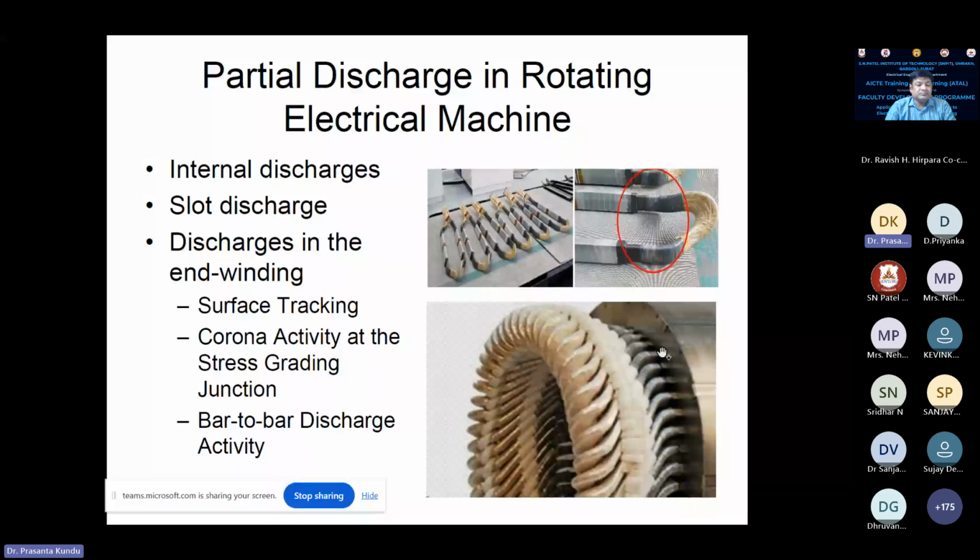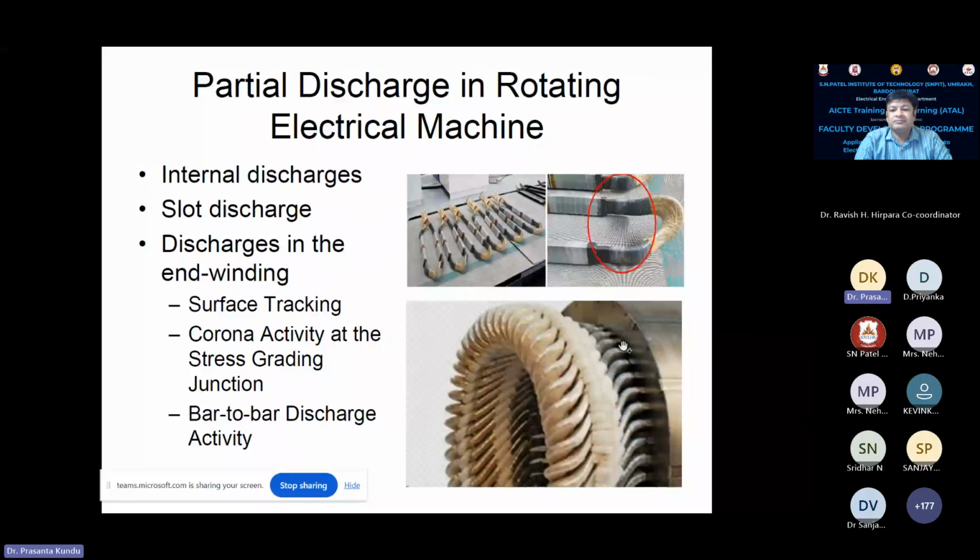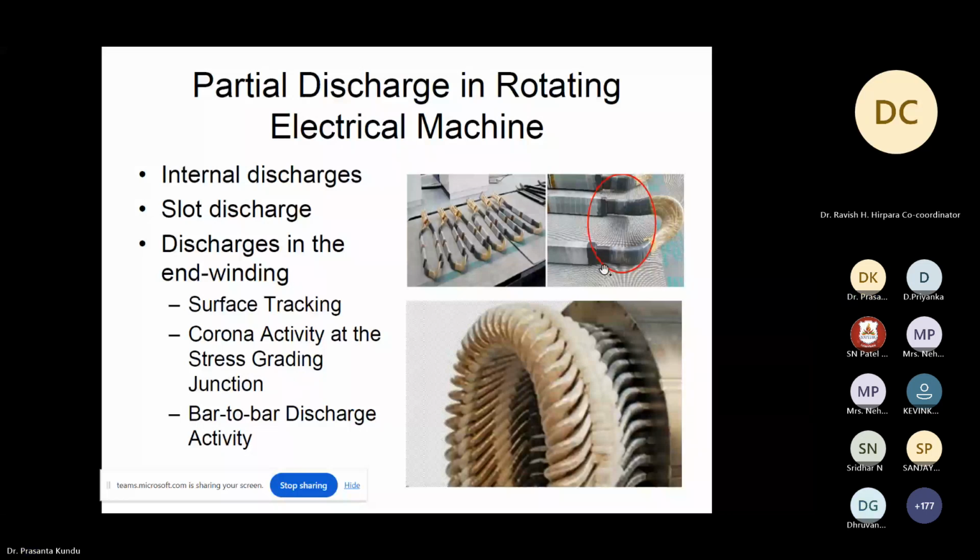If there is such a sudden change, from the higher voltage to zero, that is a large voltage gradient, and there is a high chance of breakdown. That is why stress grading material, a semiconducting type material, is placed at the junction point, so that the stress will not fall from very high to zero. It will have a gradient form, a lesser slope. So there is a chance of breakdown or partial discharges in the grading junction also.